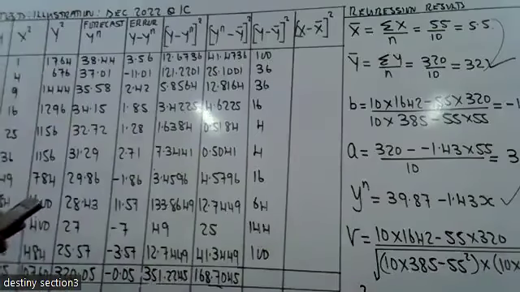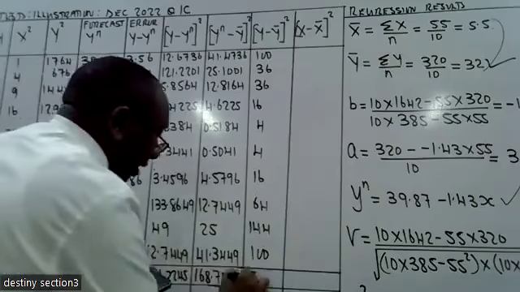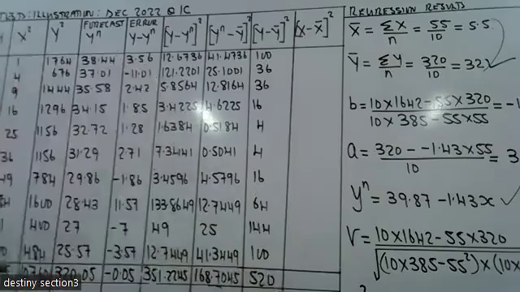Now you add plus 144 plus 64 plus 16 plus 4 plus 4 plus 16 plus 36 plus 36 plus 100 is 520.